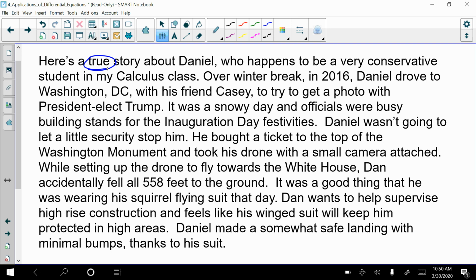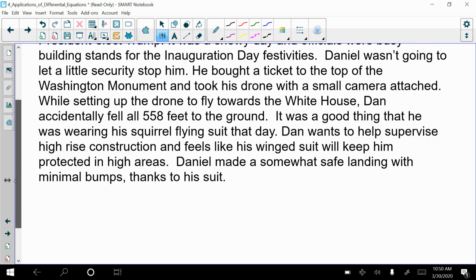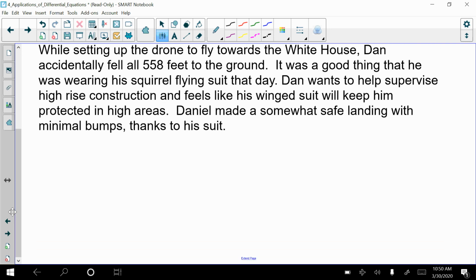And it was a good thing that he was wearing his squirrel flying suit that day because he thinks it will be useful in construction where he's working in high areas. And I really think OSHA would have a problem with that. But anyway, here's Dan and his squirrel suit.